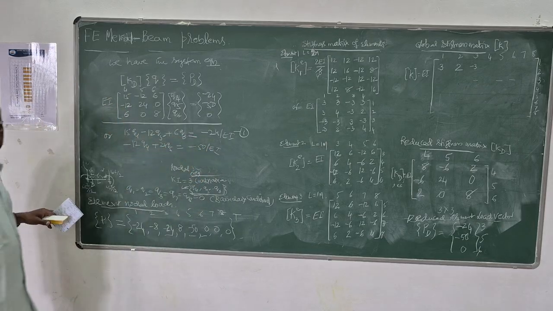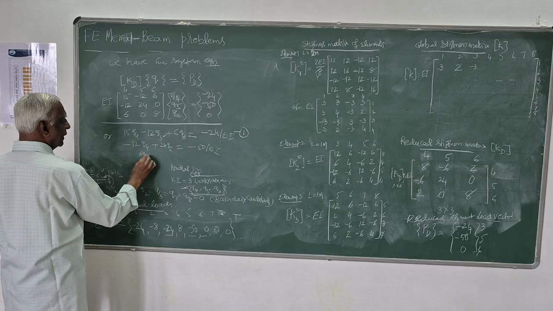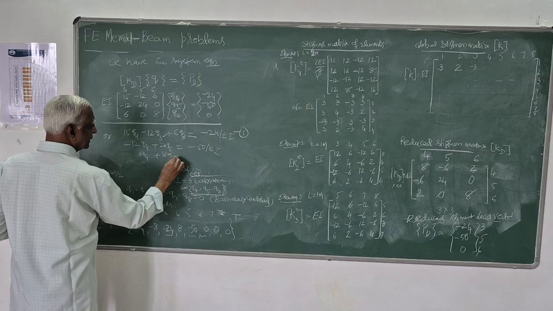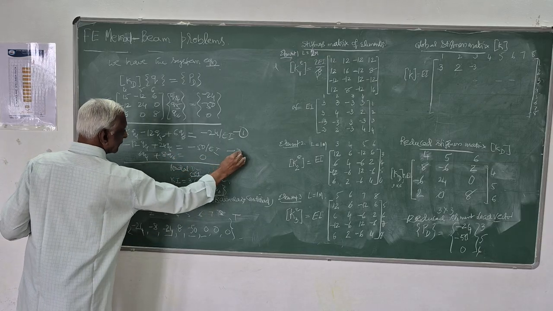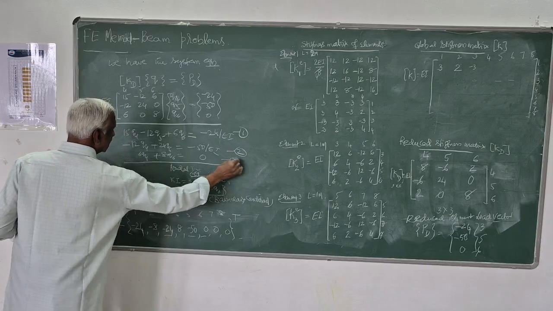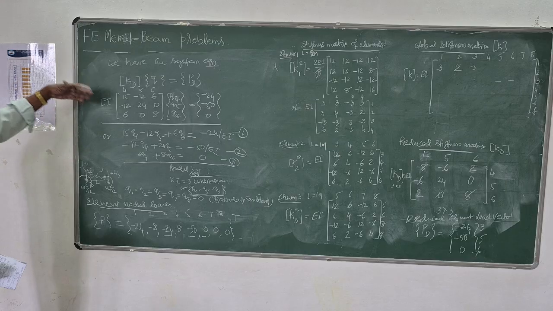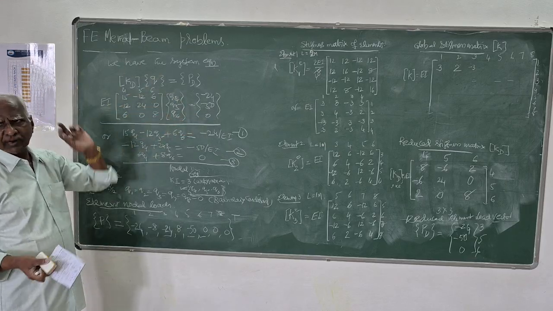EI I will take to the third side. Then 6 Q4, then 0 plus 8 Q6 is equal to 0. So these three equations you can solve, or you can invert this matrix and find out.